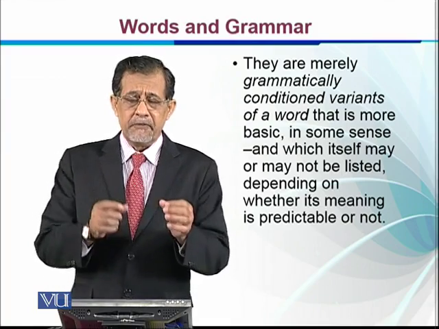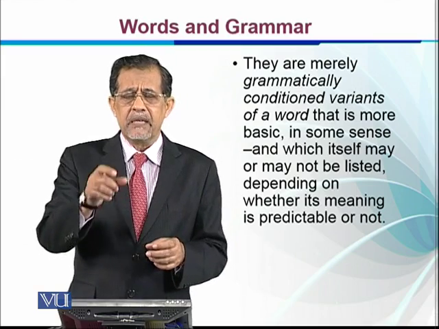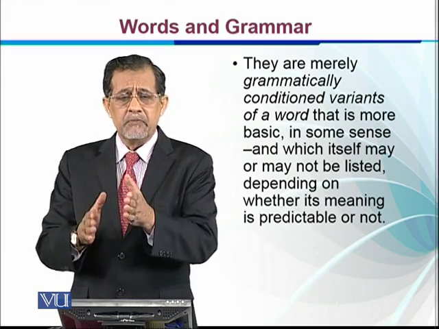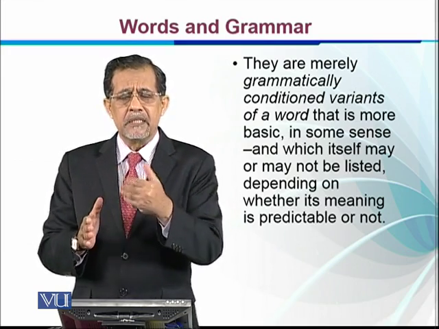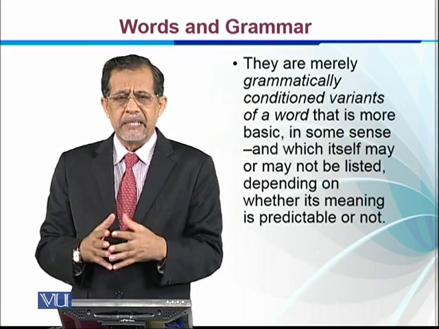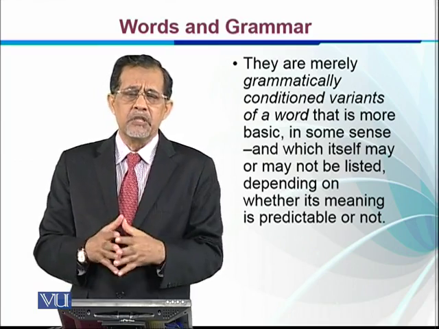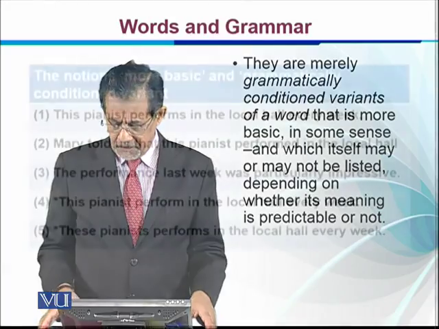For example, if we have the word cat and the word cats, we know that the meaning of cats is predictable from cat, because the s added in cats is a plural s, and whenever it is attached to any singular noun, its meaning is predictable. So in that case, we do not mention cats in the dictionary.